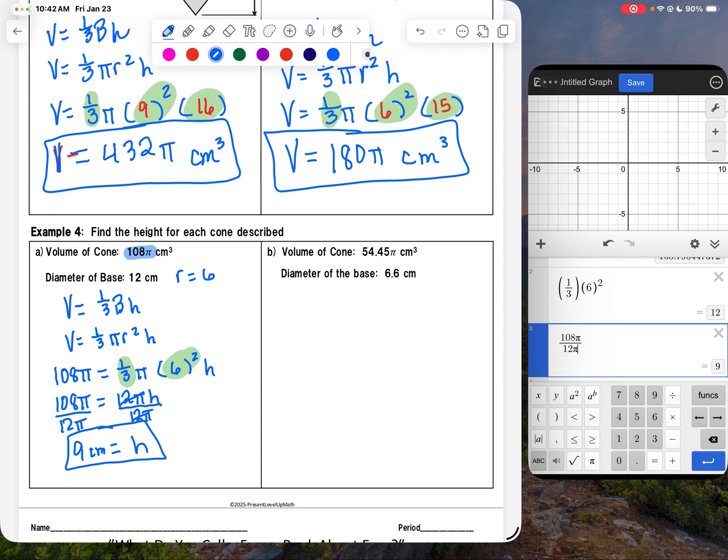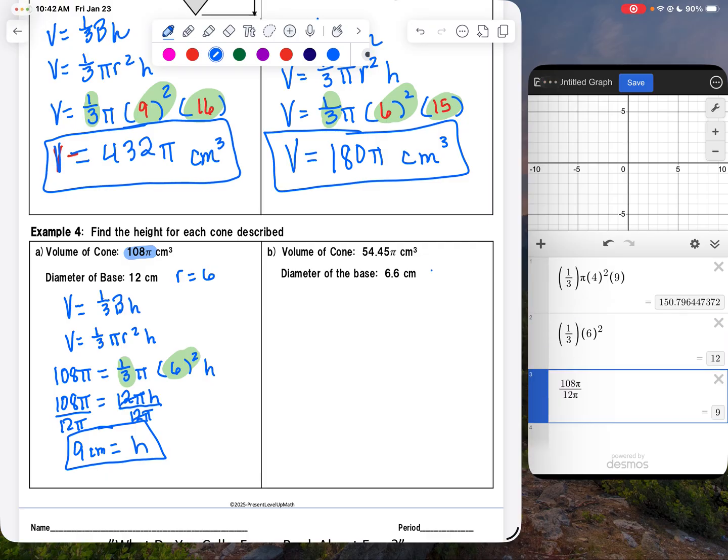All right, welcome back. Let's see how you did. In this problem, it gave us the volume of the cone to be 54.45 pi, the diameter of the base to be 6.6 centimeters. So that means our radius would be 3.3 centimeters. Our volume formula is 1/3 times the area of the base times the height.